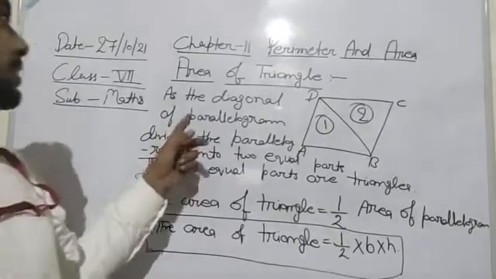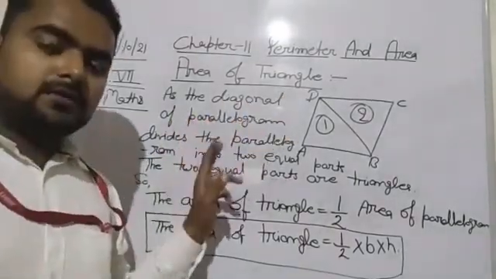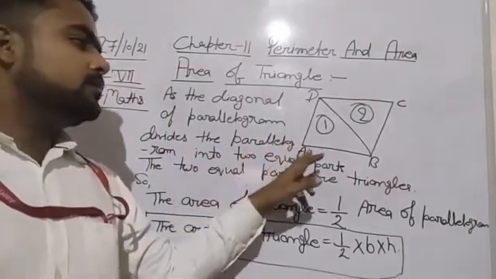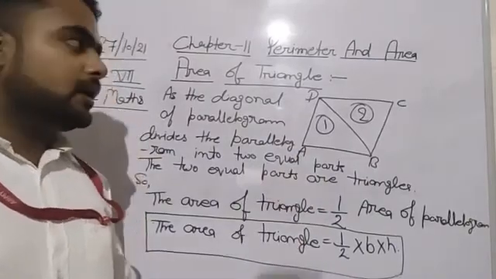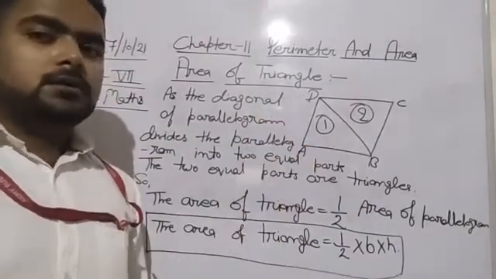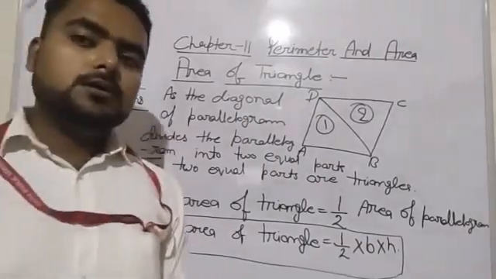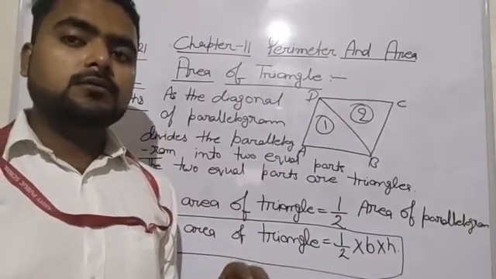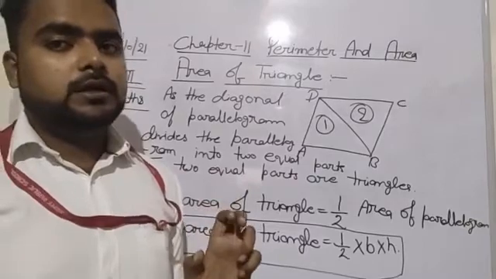So let me explain again. Area of triangle. Here we find the formula for area of triangle. For that we take a parallelogram ABCD and make a diagonal BD. The diagonal of a parallelogram divides the parallelogram into two equal parts, and the parts are two triangles.